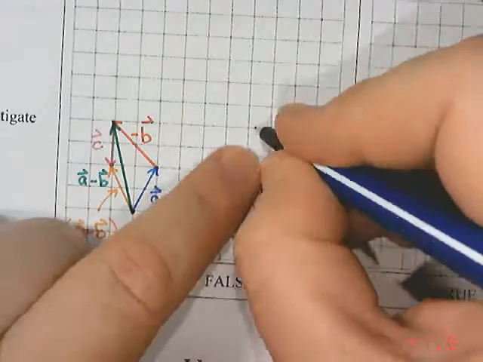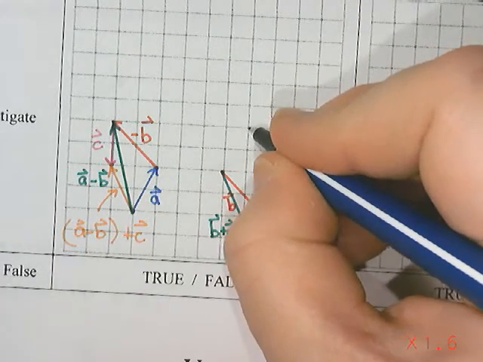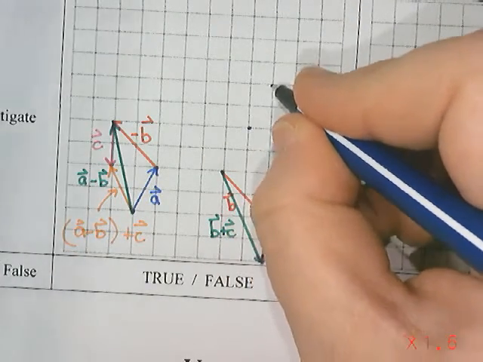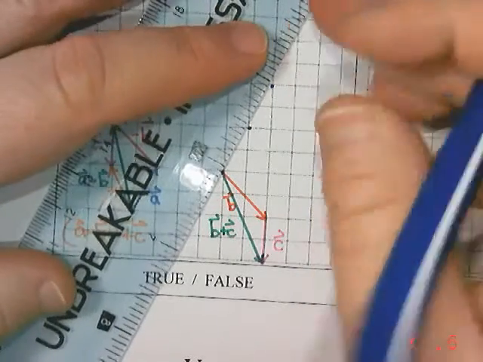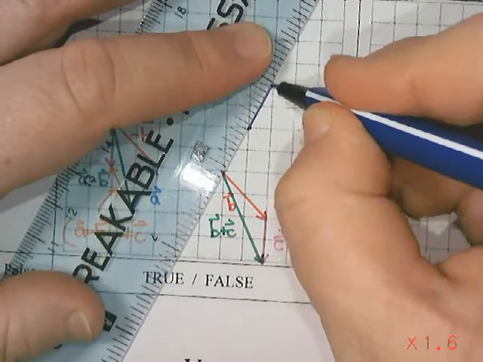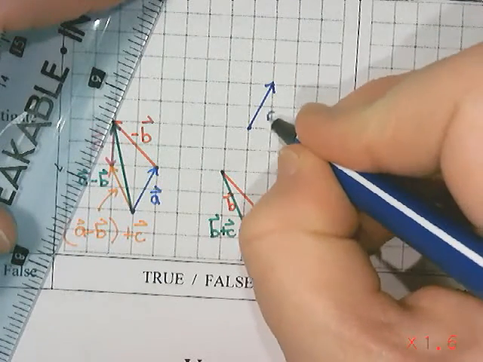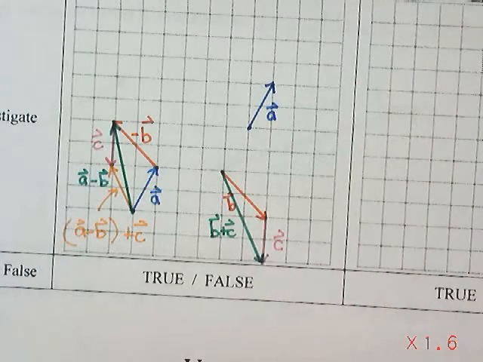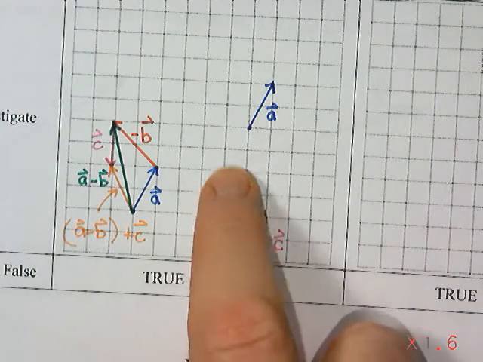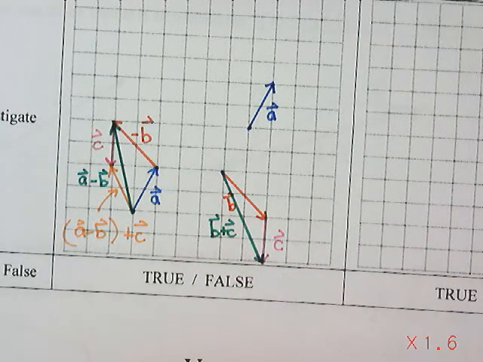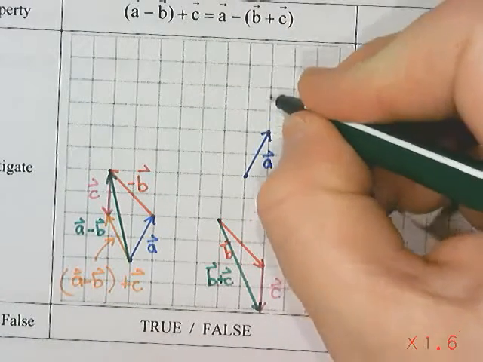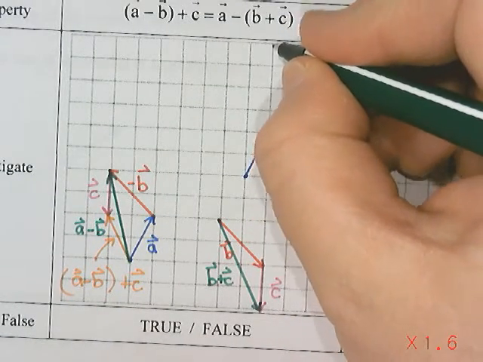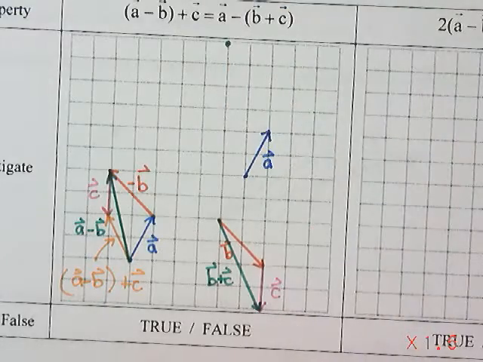So I'm just going to come up here and I'm going to draw A. And then I'm going to take B plus C, which is going 4 down and 2 over, and I'm going to do the opposite because we are subtracting. So I'm going to go 4 up and then 2 over the other way.